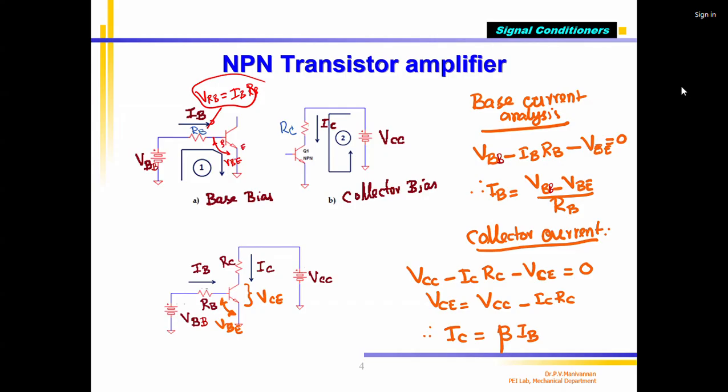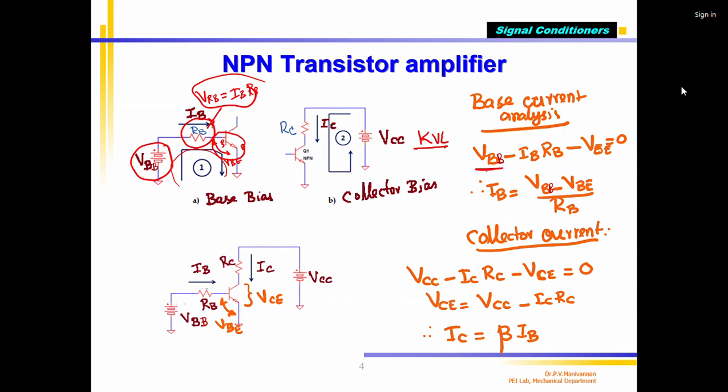Now, if I want to analyze this circuit according to Kirchhoff's voltage law, short form KVL, in an electrical circuit, this is a very simple equation. Don't say it is very complex. According to Kirchhoff's voltage law, the supply voltage equals the voltage drop across this resistor plus the voltage drop across the base emitter junction.